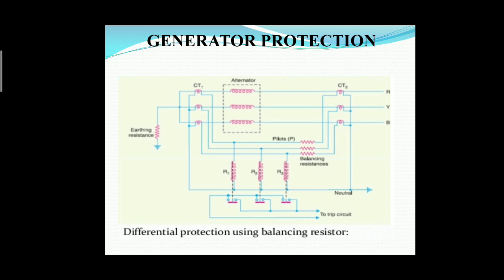At both ends of the stator, we connect two CTs. If there is a difference between the two CTs, then automatically the relay will operate. Under normal operating conditions, both the CTs are in balanced condition.